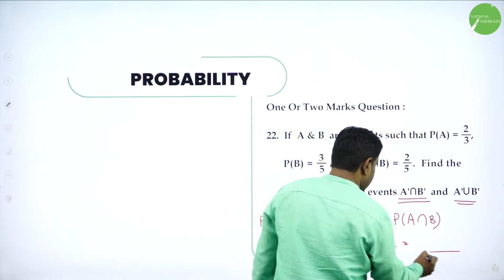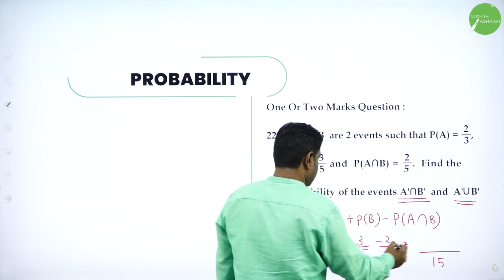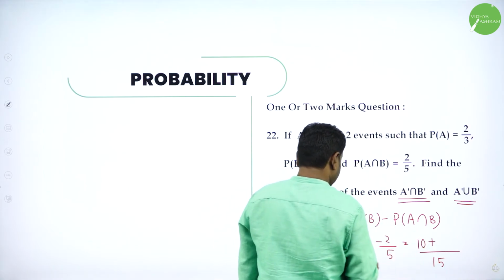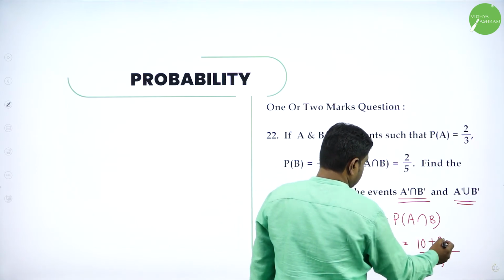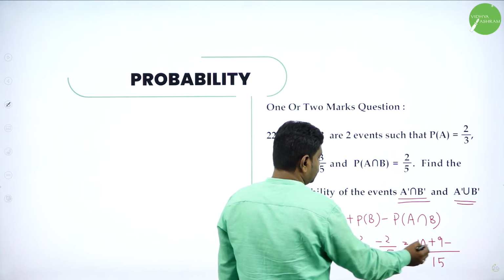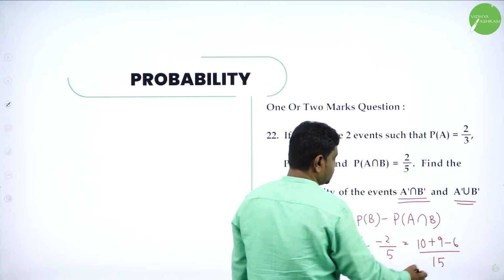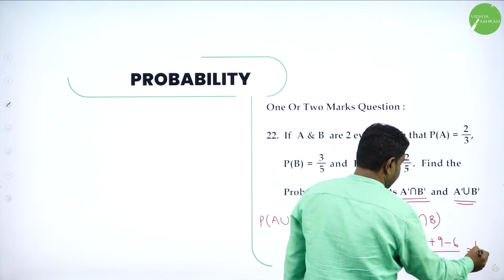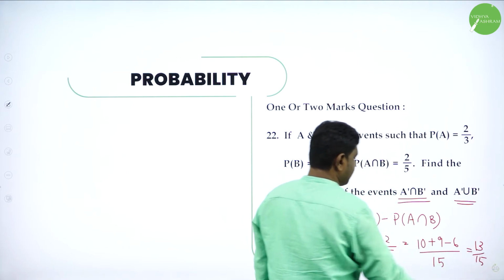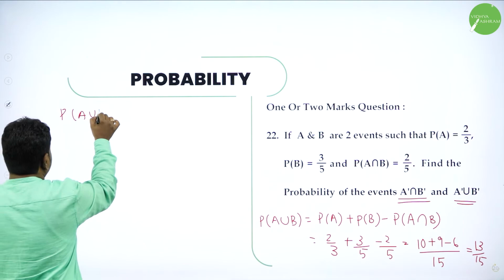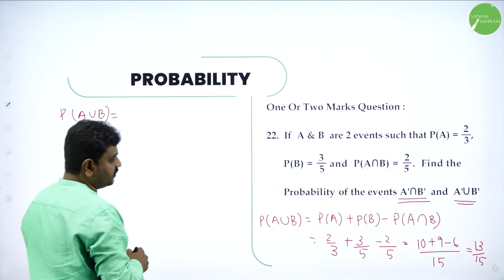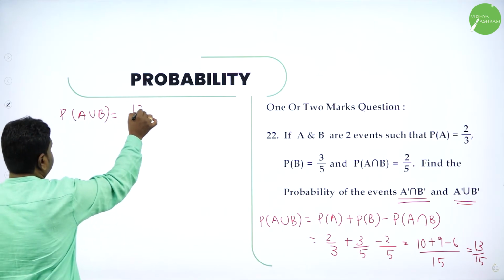LCM becomes 15, and 5 twos are 10, and 3 threes are 9, minus 6. So 10 plus 9 is 19, minus 6. So now we got P of A union B, that is 13 by 15.